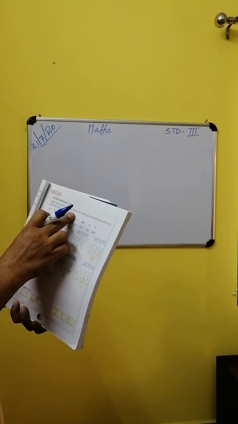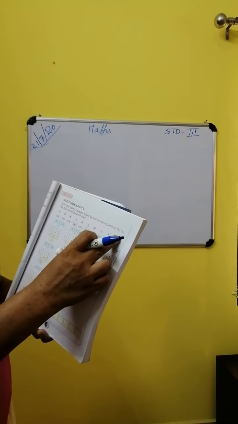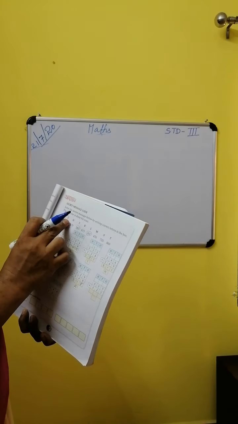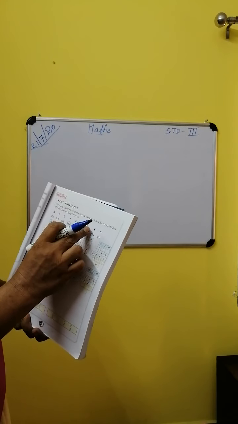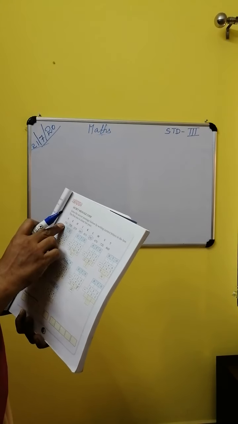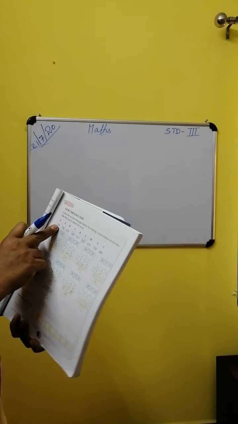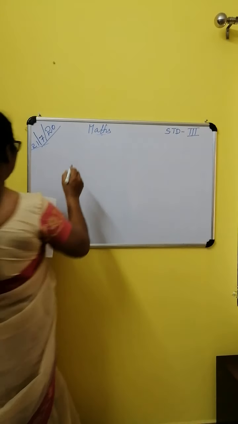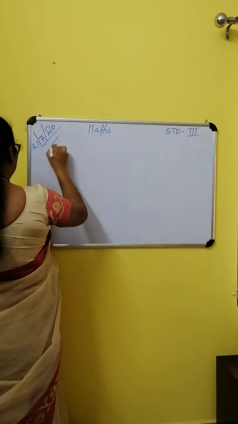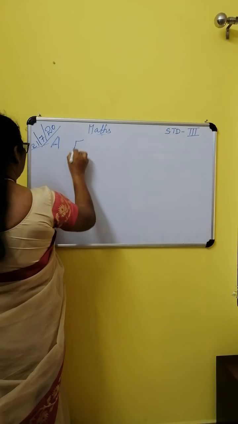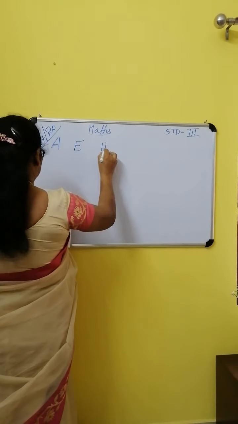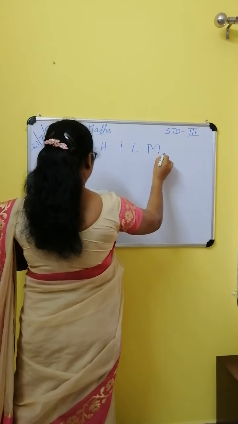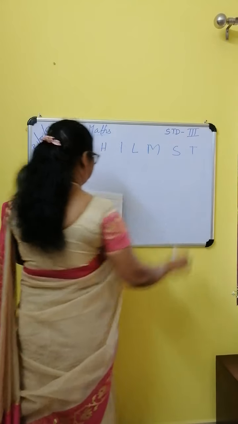Solve the secret message below by writing correct letters in the box. The first one is done for you. Some letters are given: A, E, H, I, K, L, M, S, T. Here some numbers also are given. 378, 770. So first of all I will show you A, then E, H, I, L, M, S, T.